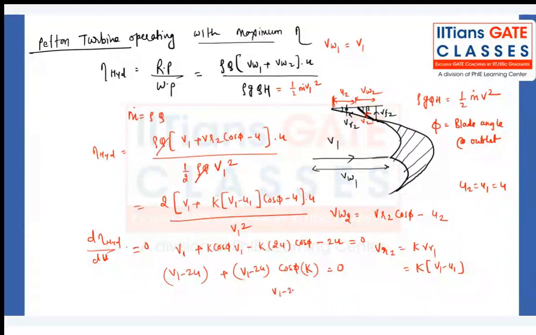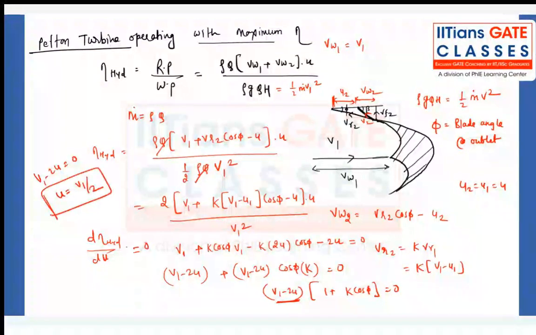So overall I am taking (v1 minus 2u) outside, times (1 plus k cos phi), that is equal to 0. Now if I equate v1 minus 2u equal to 0, u will be v1 divided by 2. That is the condition for the Pelton turbine to have maximum efficiency.